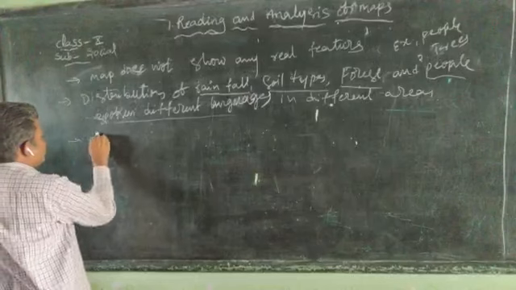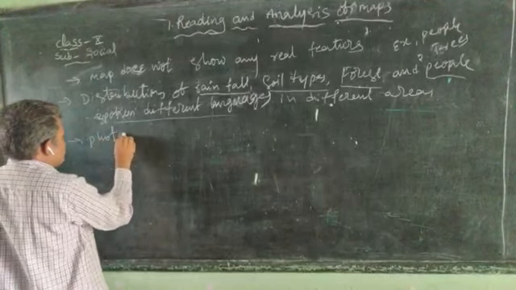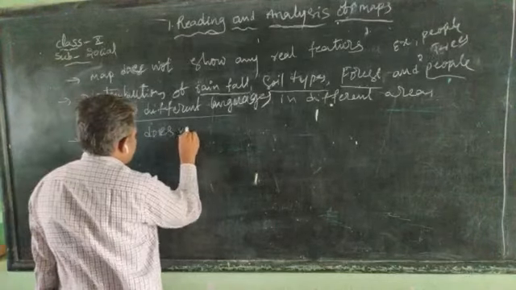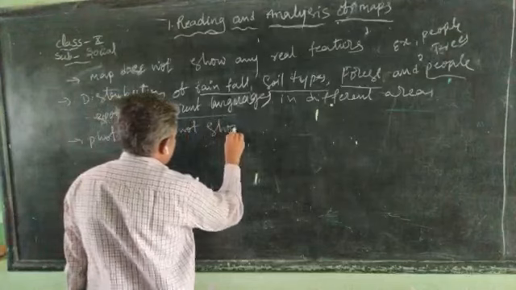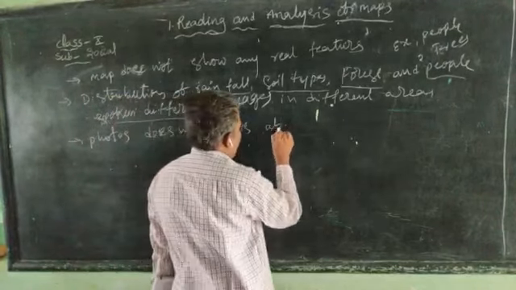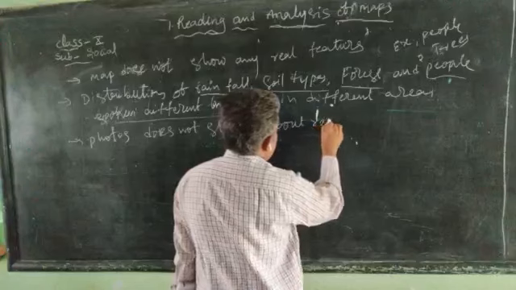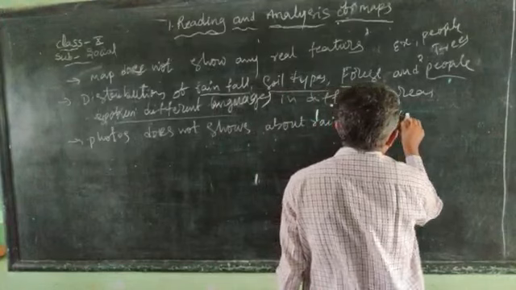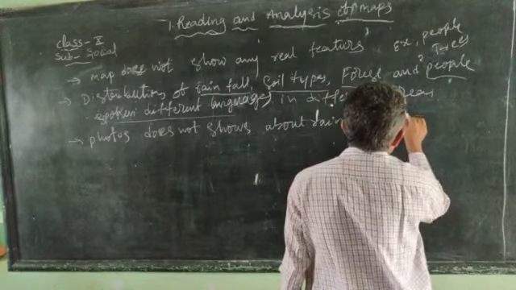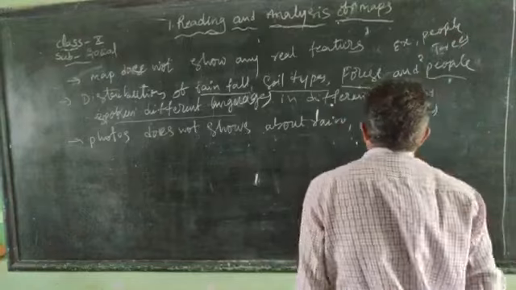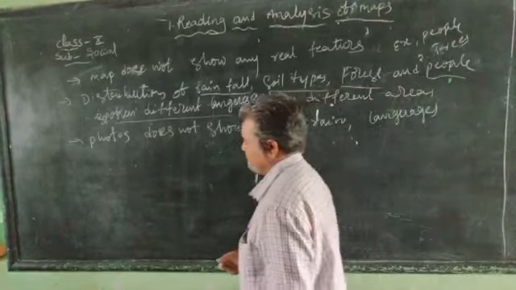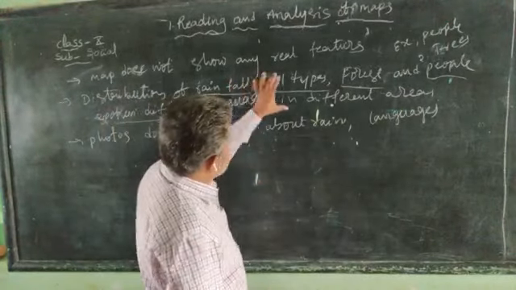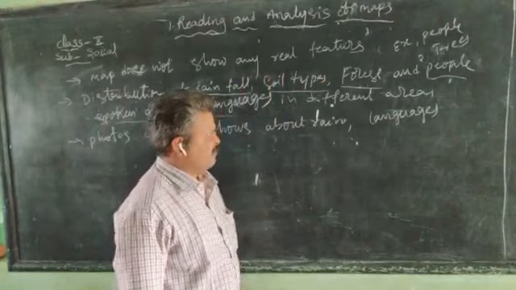A photo does not show rainfall and languages; we do not find these there. But these we find in a map.